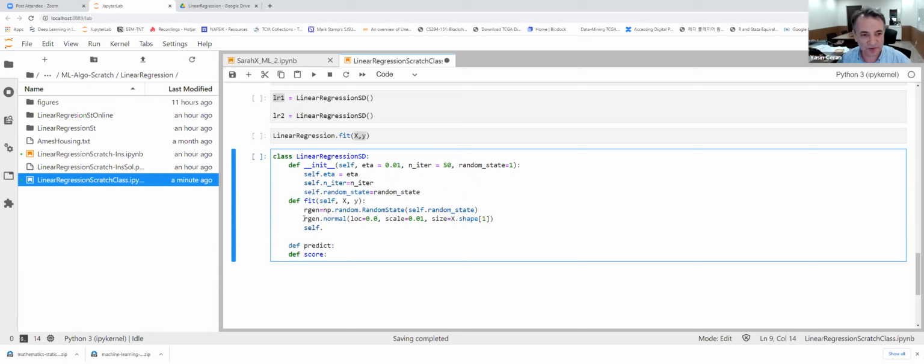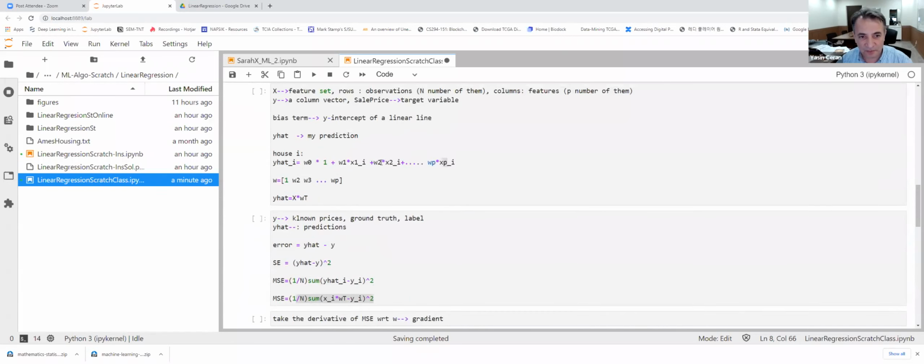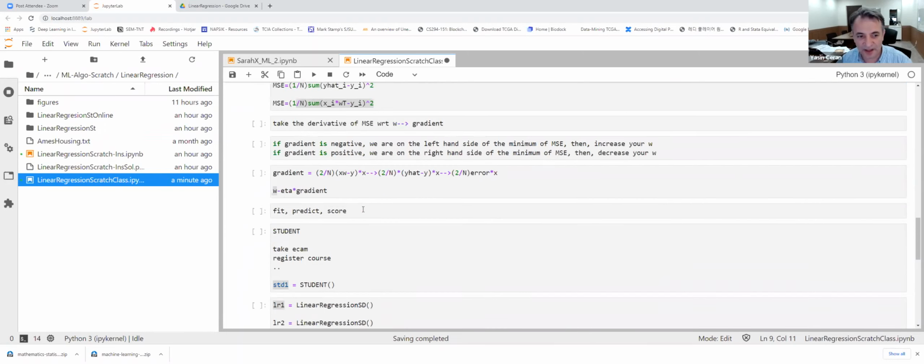Okay, that's what I'm gonna do. So what I'm gonna do is this guy will be equal to W's of my instance. Okay, again, I assigned some initial values to W's. Again, these W's are W1, W2, WP. I didn't do anything for W0. Okay, I'm gonna do it now.